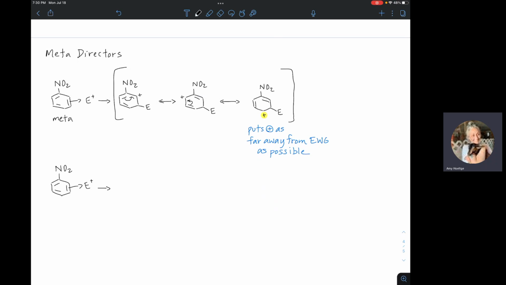So again, you could draw these. It's not bad to get practice with this. Feel a little bad ruining all your fun here. I'm drawing them all. So this will be ortho, then we'll do para. So ortho's here, which means that I put the positive charge there. Again, I can move the electrons around to get another contributing resonance structure.